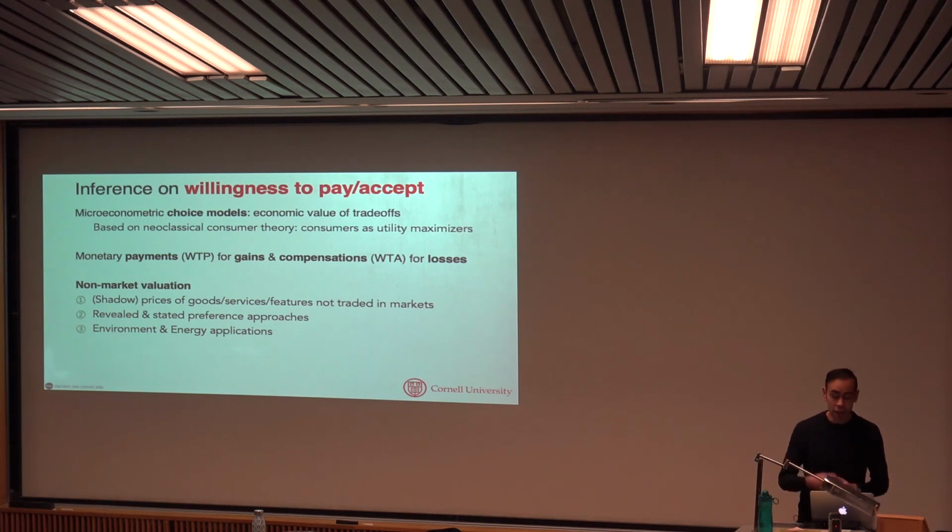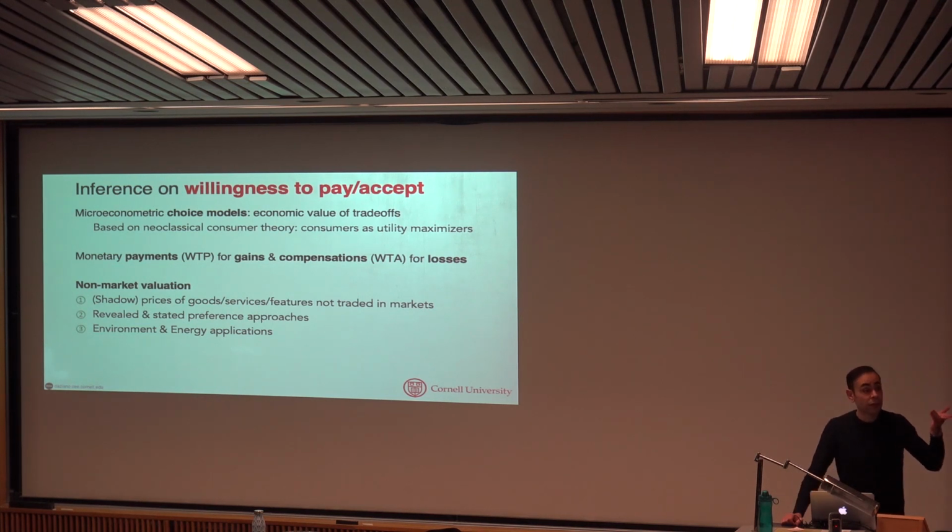But if we are dealing with energy, for example, or emissions, what's the price of the emissions we're emitting? It's not clear. So in that case, in economics, we have this concept of a shadow price. There is some valuation that we put on that environmental good, but we don't know the amount of that valuation. With choice models, we can actually give that economic value to the thing that is not traded in the market.